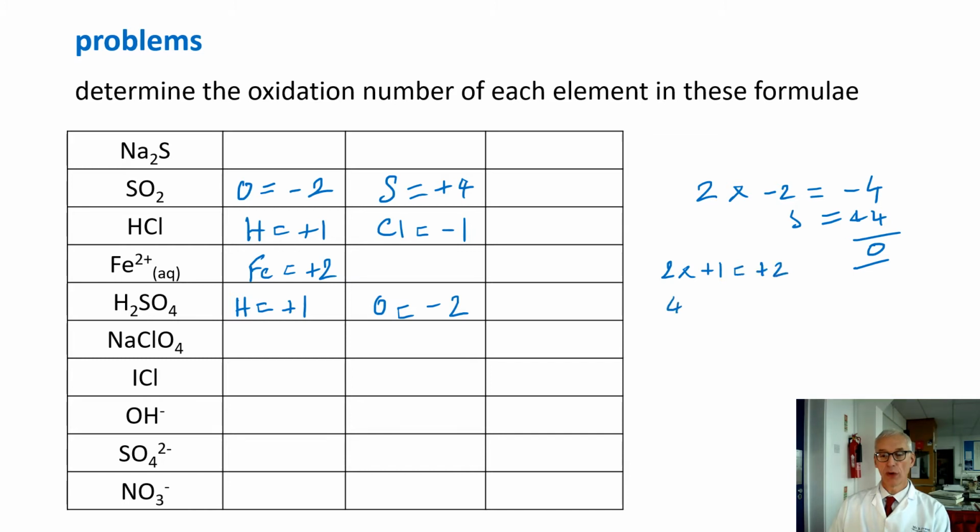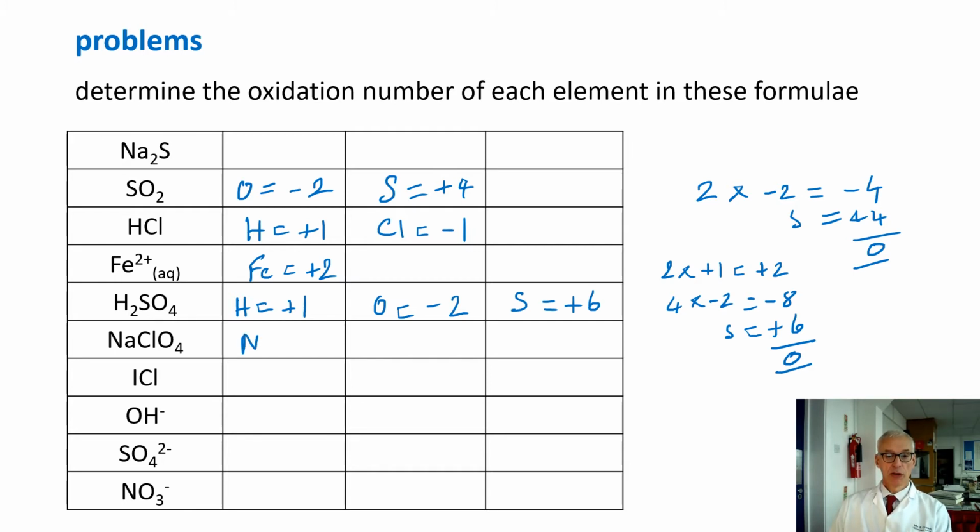We've got 4 times -2, so that's -8. And then we've got sulfur. Well, sulfur must be +6 if all the oxidation numbers are going to sum to 0. +2, -8, +6 sums to 0. So sulfur is +6.